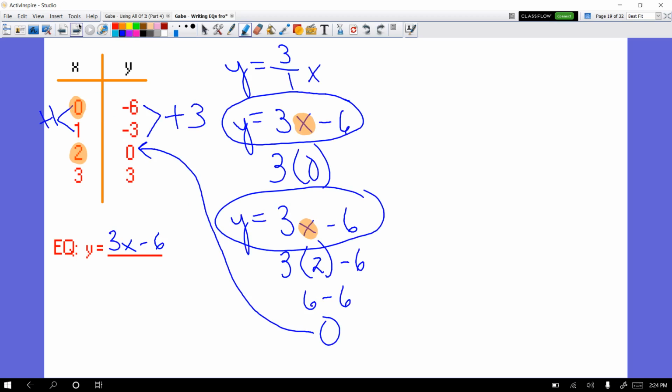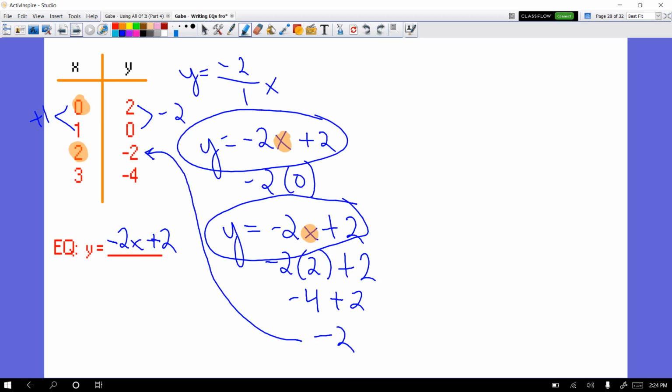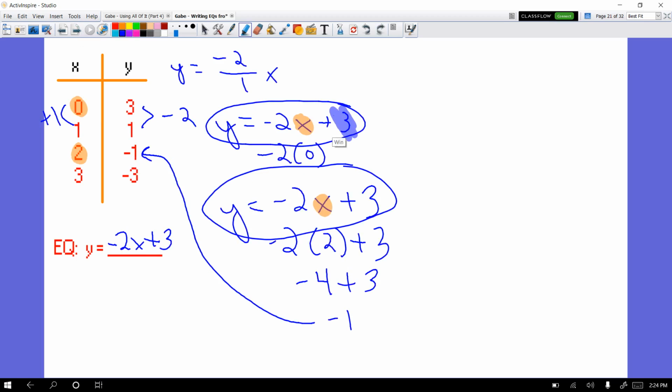All the pieces connect. Negative 6, minus 6, 0, negative 6. Plus 2, 0, positive 2. Plus 3, 0, positive 3.